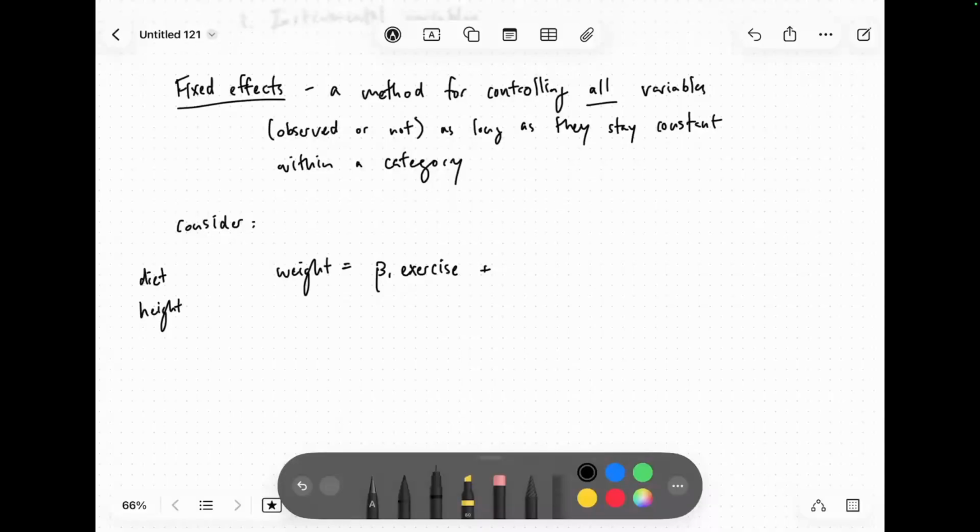Anything else? Any other factors we think might influence someone's weight? Your health? Okay. Sure. Money, income, sure. Put dollars.